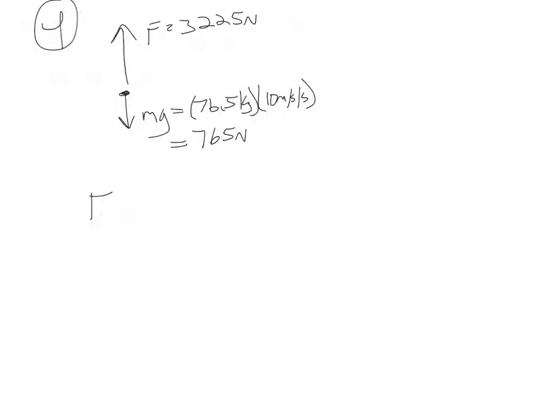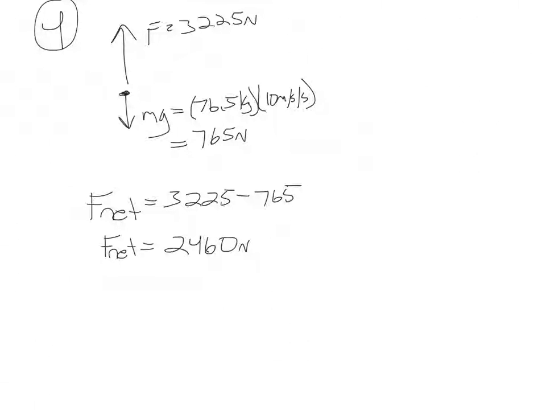Alright, so now I do my net force. I have my free body diagram. Net force would be the force that he's pushing up minus his weight pulling down, 765, which gives me 2,460 newtons. Alright, so that's my net force, and it's upwards, because he's accelerating himself upwards.